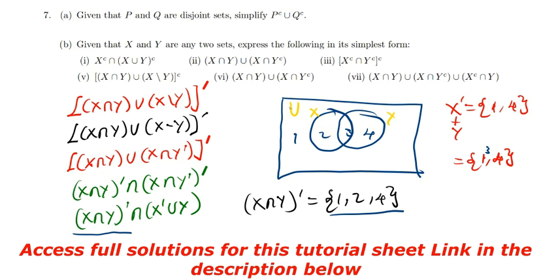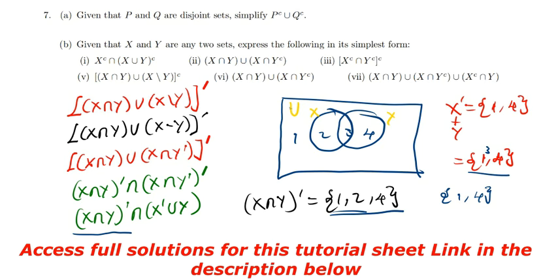That is going to be x complement union y. Then, which elements are common in this set as well as in this set? You can see that it's just 1 and 4. So we have 1 and 4 as our final result.